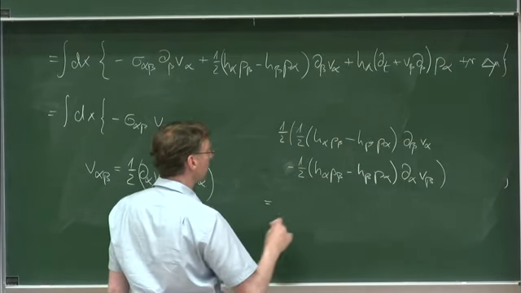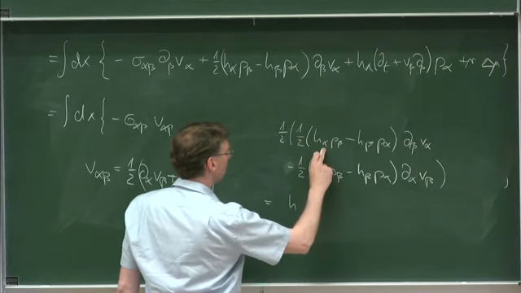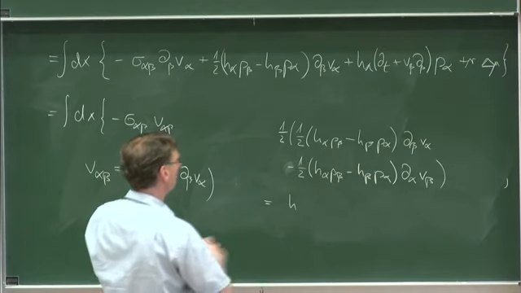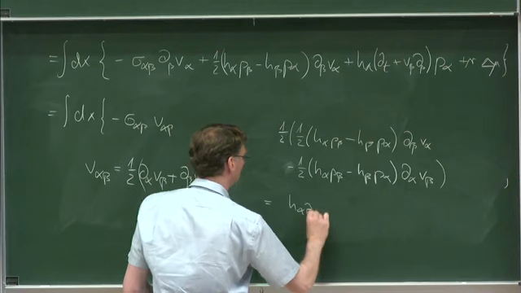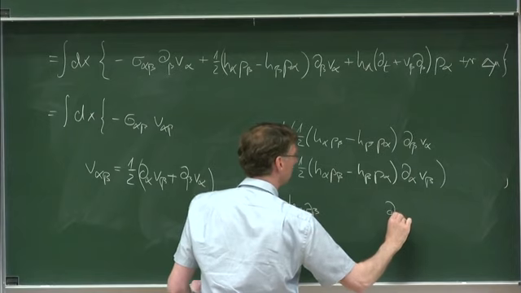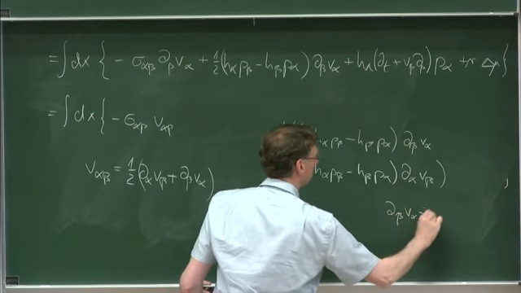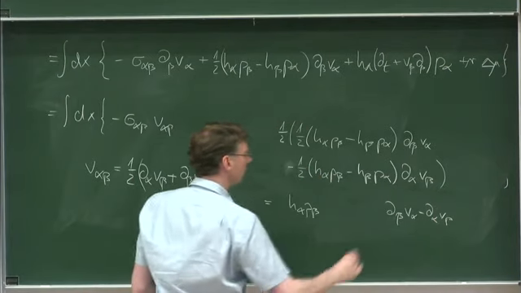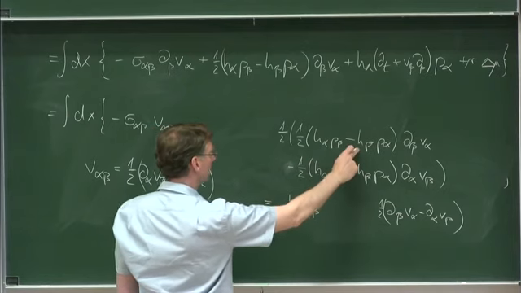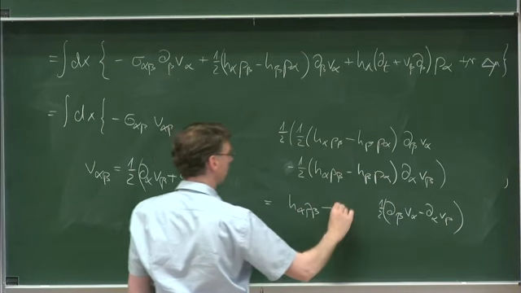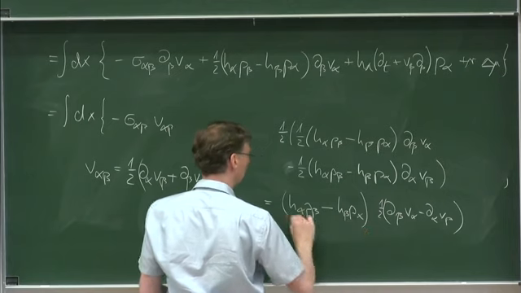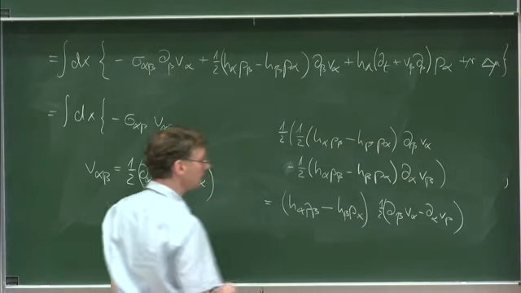And what do I get from that? I get an h alpha p beta times d beta v alpha minus d alpha v beta, with a factor of 1/2. So this is these two terms, and then I get a minus h beta p alpha from this term, right?